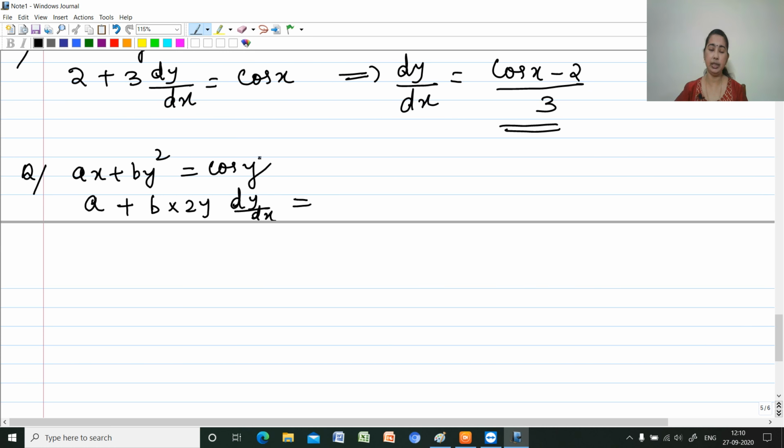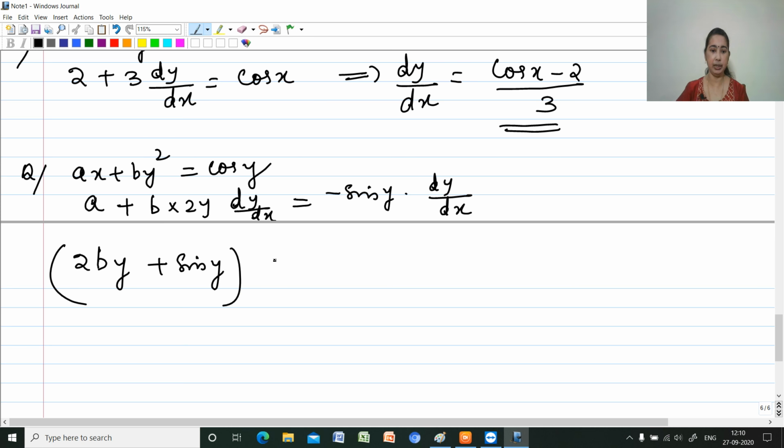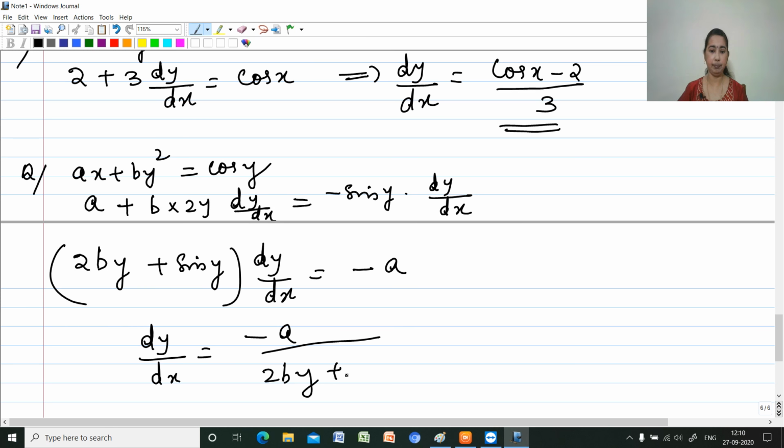Then equal to derivative of cos y is minus sin y into derivative of y is dy by dx. All the dy by dx terms we can bring it to one side. So here 2by plus sin y into dy by dx is equal to minus a, or dy by dx equal to minus a divided by 2by plus sin y.